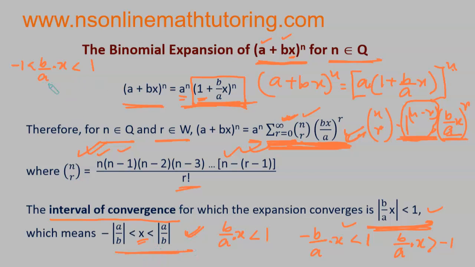So we multiply all the three parts by a over b, and a over b, we do not know what are the signs of a and b, so we are multiplying with the absolute value of a over b. So this way we multiply this with this, and I don't have space, so we are multiplying all the three sides by this, which will be a over b, and this is also a over b.